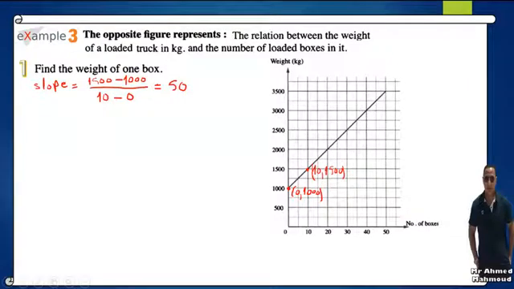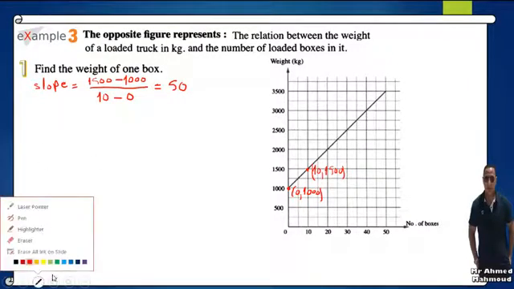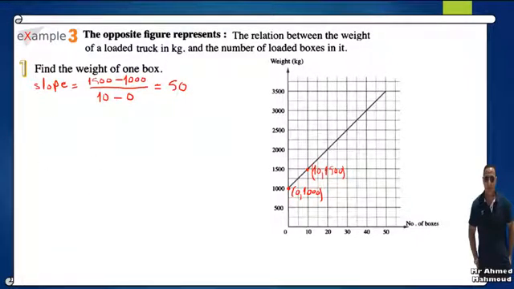That means the weight of one box equals 50, and the unit here is kilograms.